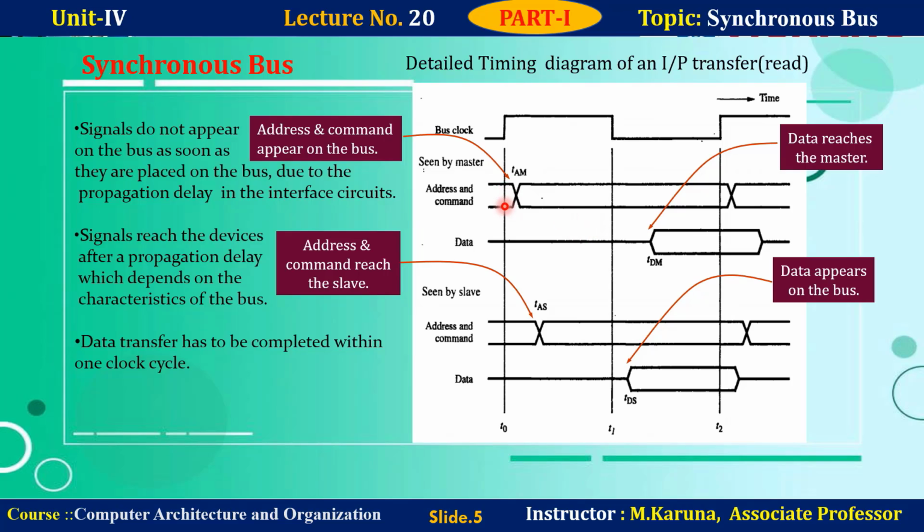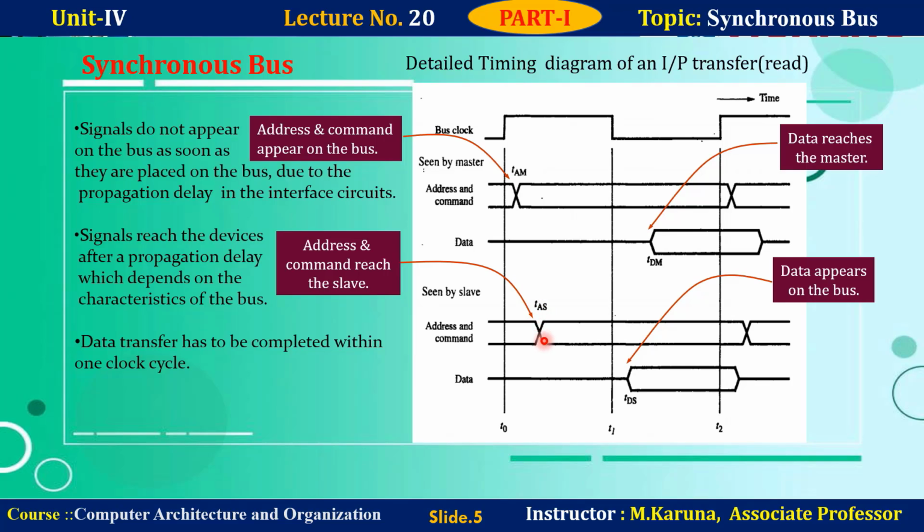Actually, the address and command signals are placed on the address and command or control bus at T0, but the signals will appear at TAM due to delay in the driver circuits. Later the signals reach the slave at TAS.